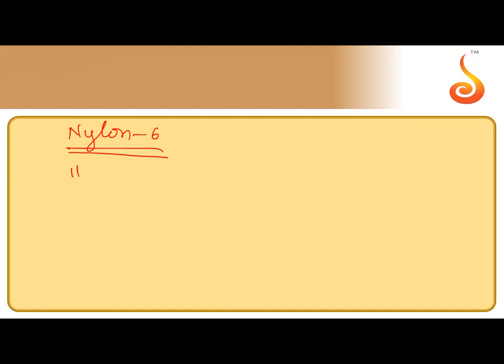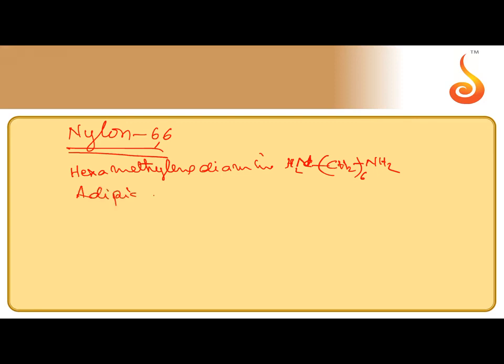This is also a copolymer. The monomers present are hexamethylene diamine, with CH2 group 6 times and NH2 groups at terminal carbons 1 and 6, and adipic acid, CH2 taken 4 times with terminal carbons becoming COOH groups, nothing but hexane-1,6-dioic acid.